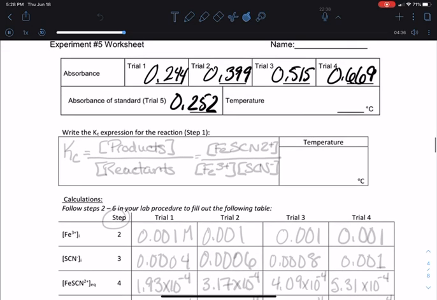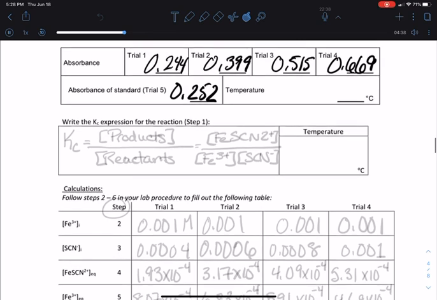For this box, all they're asking is for the expression. They don't want you to put any numbers in or anything. So if we remember again, Kc is the concentration of our products divided by the concentration of our reactants.